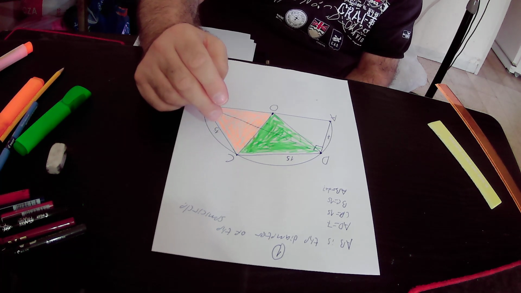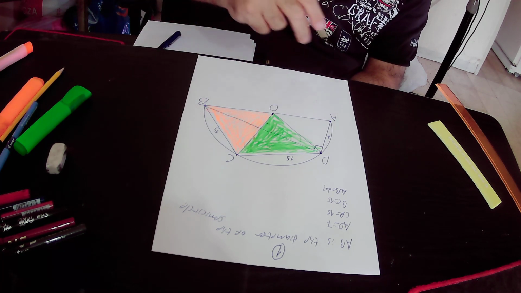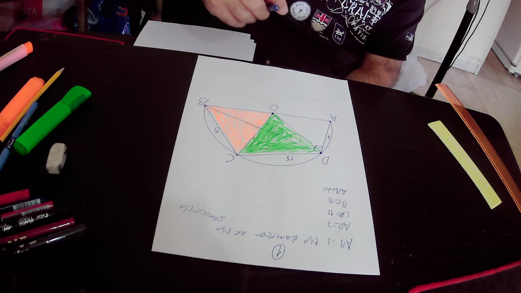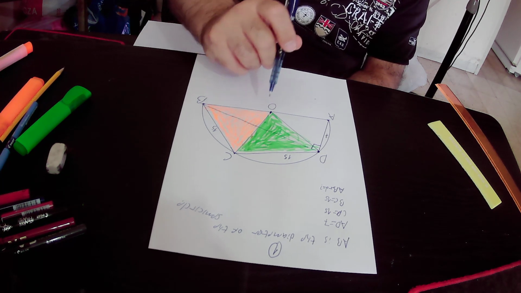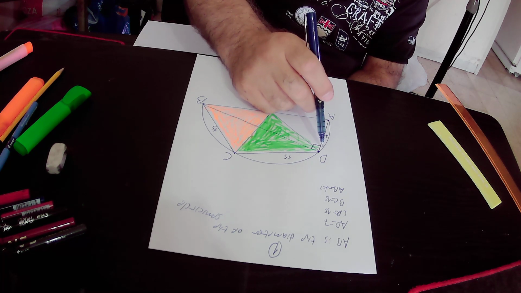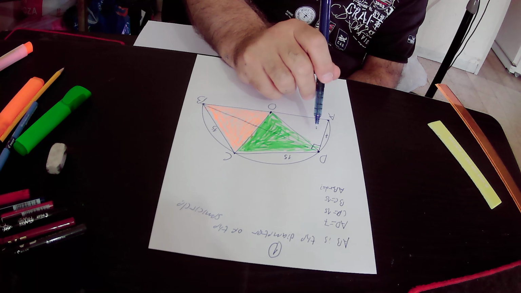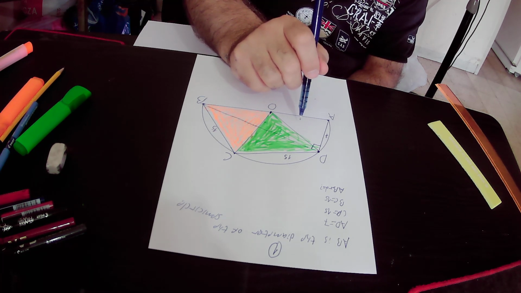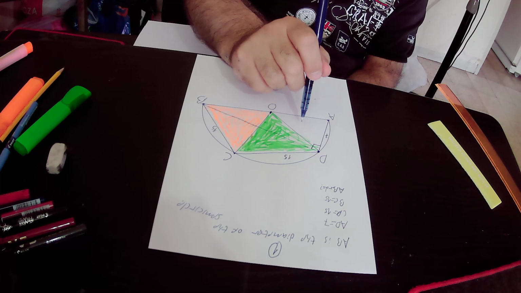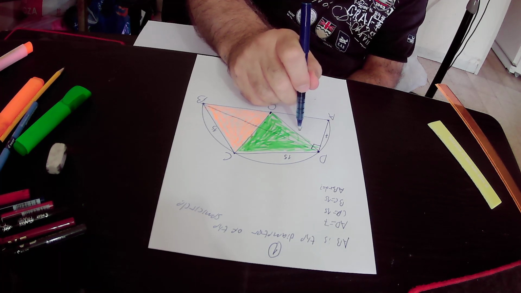And also we know that OD is the radius of this semicircle for the same reason, because it starts from the center of the semicircle, that is to say from point O, and ends at point D, that is a point of the semicircle itself. Therefore, OD is the radius of this semicircle. We will define the radius of the semicircle as R, so OD equals R. OC also equals R.